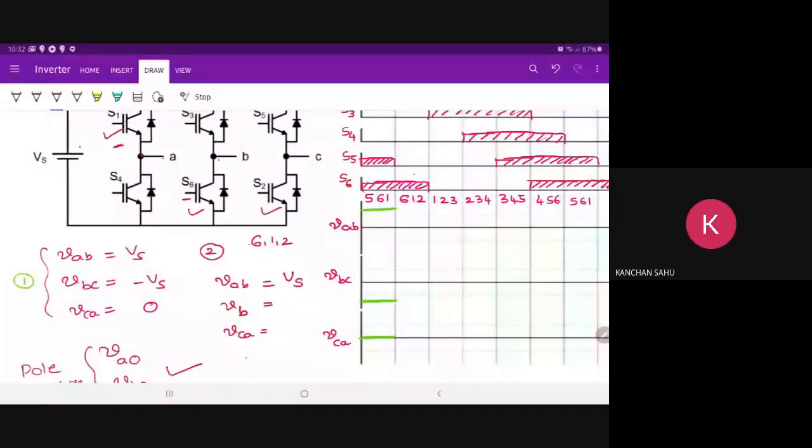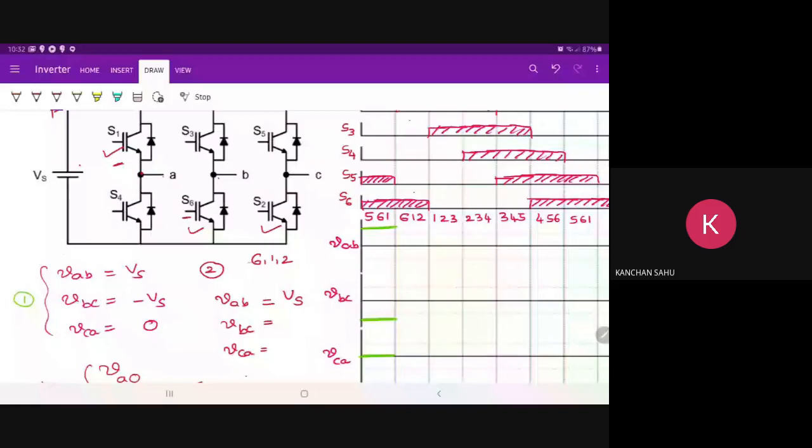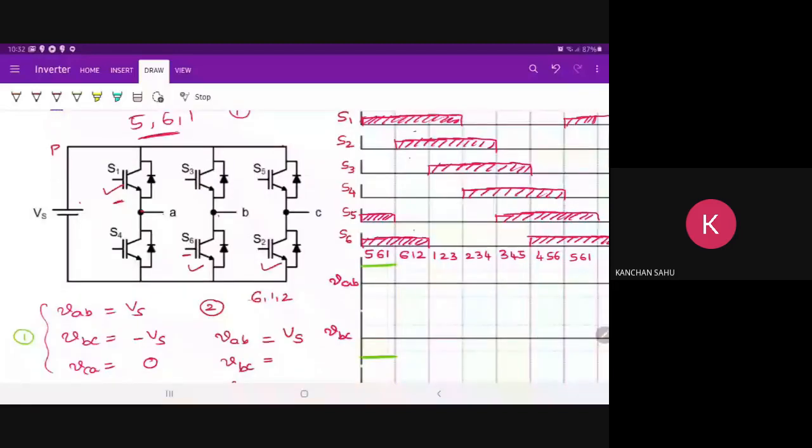It is 0. If both upper switches are on in any two phases, B or C, its voltage is 0. Similarly, if both bottom switches are on, its voltage is 0. That means the source is bypassed.